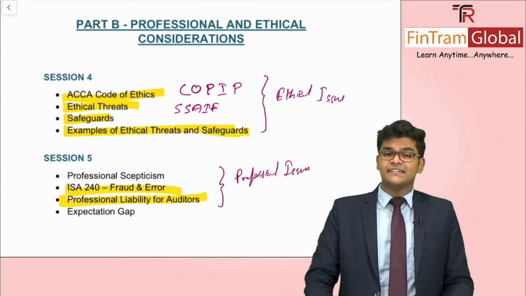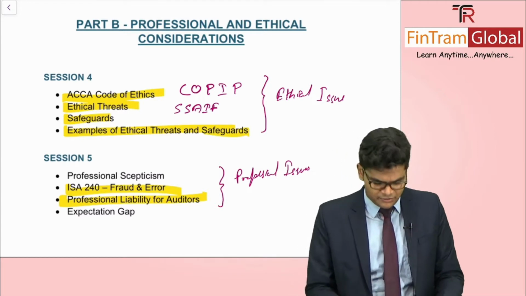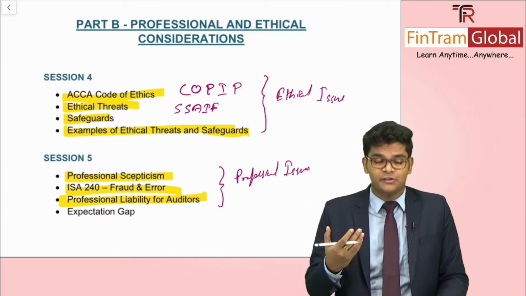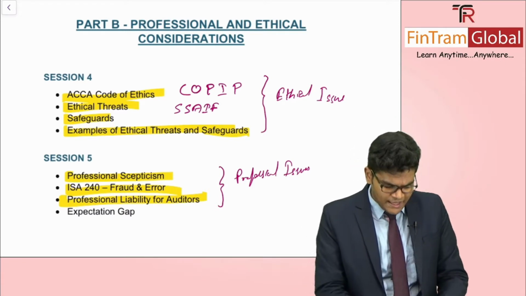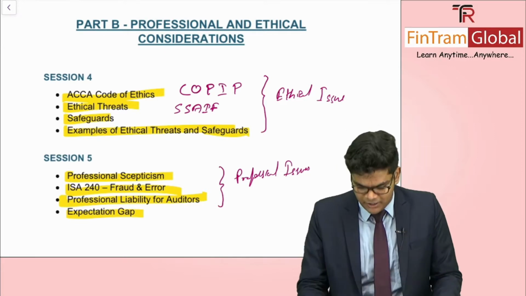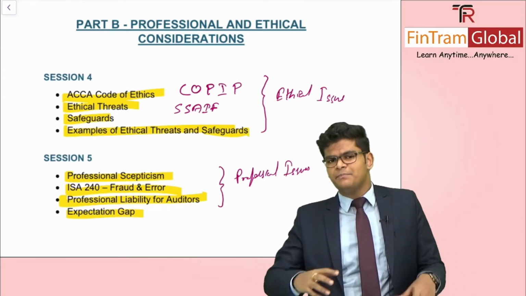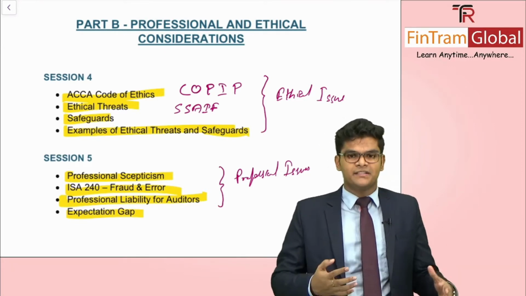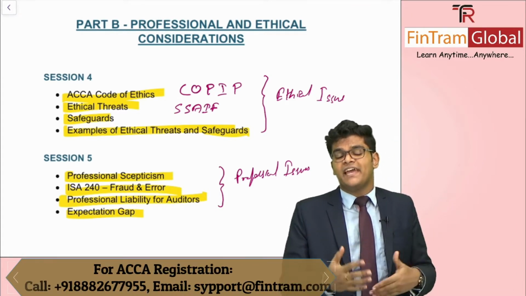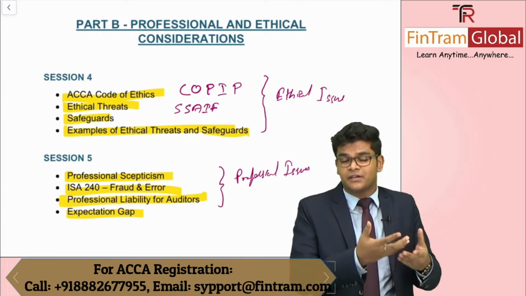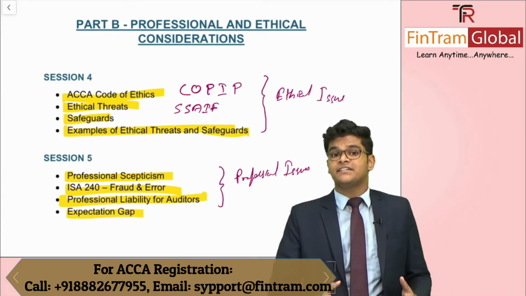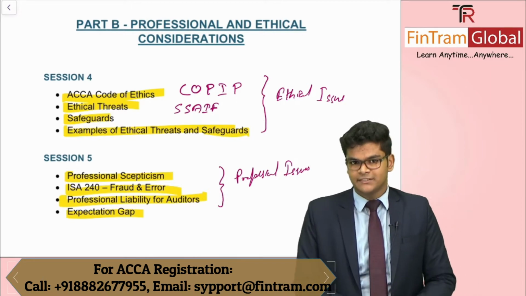And of course, other than that, we will also discuss some small topics known as professional skepticism, which is basically the attitude that we need to have throughout the audit process, as well as another small topic known as expectation gap. Now, I know that some of you might be a bit familiar with these topics from attending the audit and assurance paper, and for those who may have got an exemption from this paper, you may have learned about these concepts from your graduation or any other professional courses.